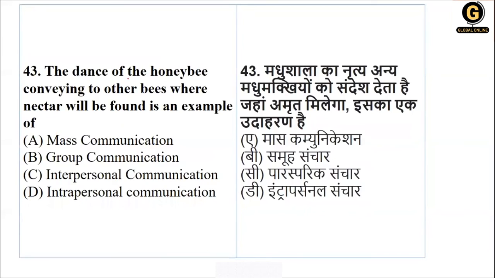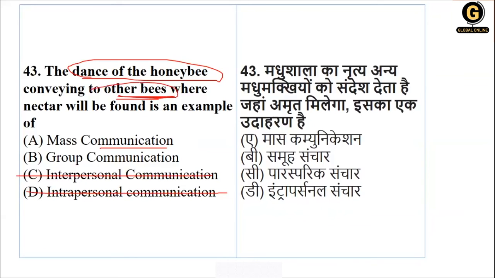Next. The dance of honeybee conveying to other honeybees where nectar will be found is an example of what? Dance of honeybee conveying to other bees. Okay, इसको हम कौन से टाइप का कम्युनिकेशन बोलेंगे? मास, ग्रुप, इंटरपर्सनल, इंट्रा. इंट्रा तो होगा नहीं, interpersonal between two people hai, hoga nahi.